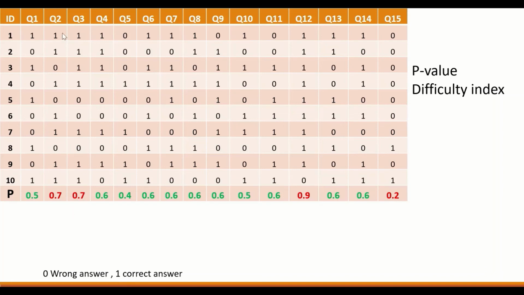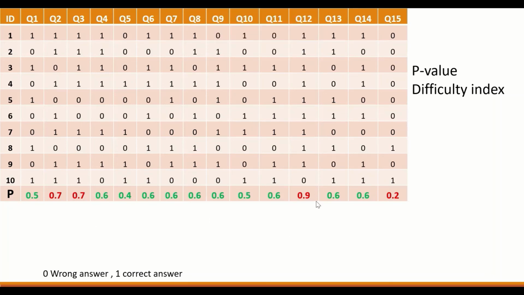Questions number 2 and 3 both have a higher p-value of 0.7, which indicates that these are easy questions and need to be modified or readjusted. Questions number 4 up to 11 are ideal questions.